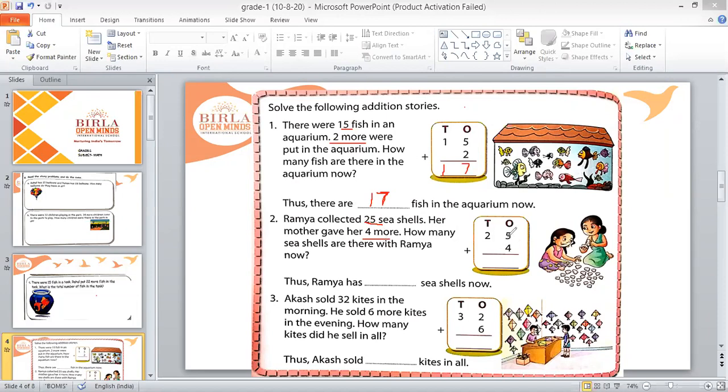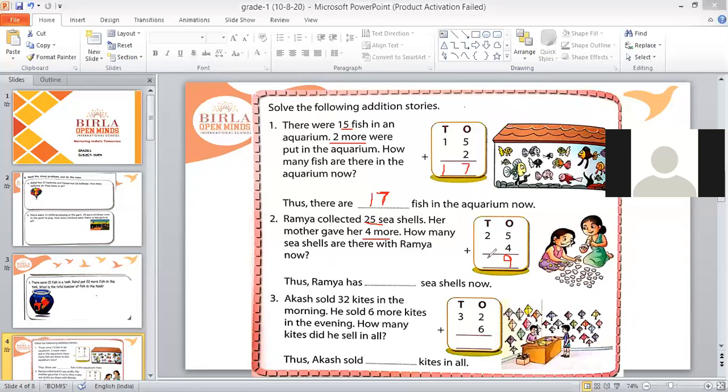So now we will see what are the numbers in ones place and tens place here. Brinda, what are the numbers in ones place here? 5 plus 4. Yeah, so now tell me 5 plus 4 how much? 9. Yes. So 5 plus 4 is 9, children. So we will write 9 in ones place.